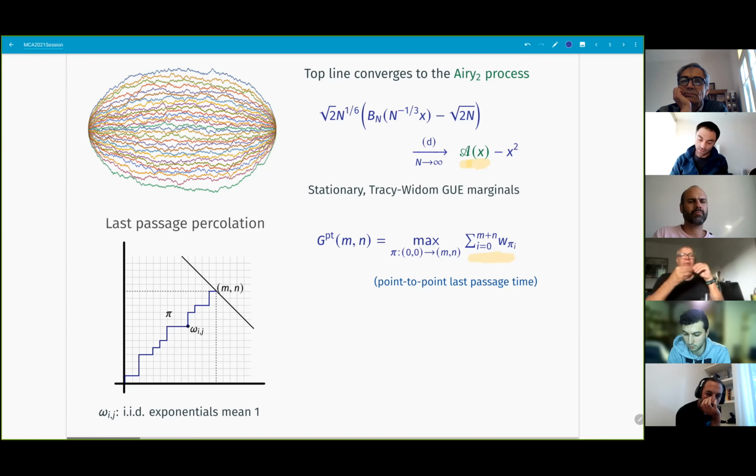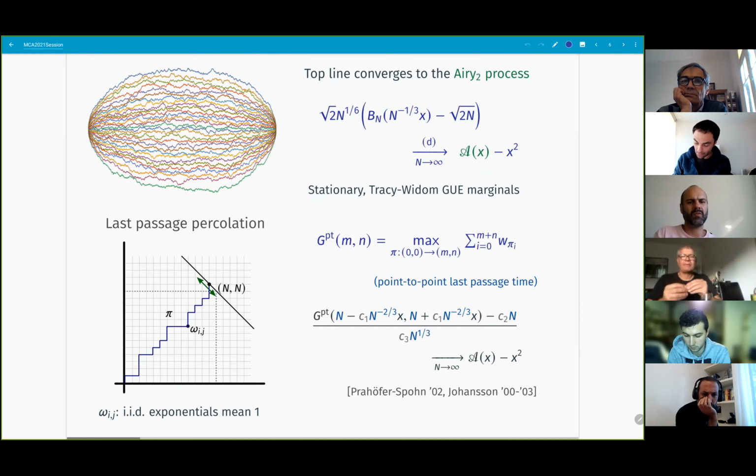Essentially Prahofer and Spohn showed, in this model (it was first shown by Johansson around 20 years ago), that if you look at the point-to-point last passage percolation times and move along this anti-diagonal path in the right scaling, the scale of 2/3, then as you move this point along the anti-diagonal, you see exactly the same Airy2 process. Okay, so it's the same process that arises from random matrices or from non-intersecting Brownian motions, and it comes here from last passage percolation.